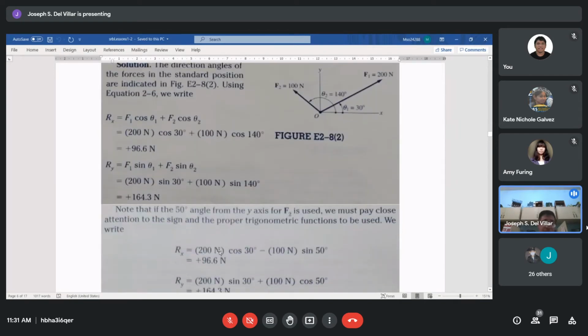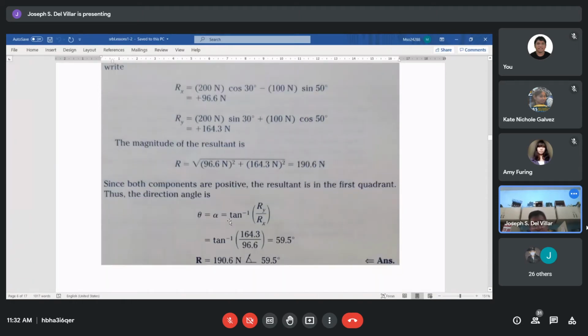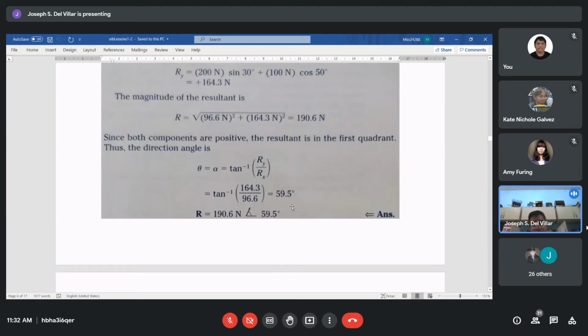Okay? So to get the resultant, we apply the Pythagorean Theorem. This is the formula. Okay? The square root of the summation of squares. Okay? So that is 190.6 newtons. So that is just the magnitude. So resultant is a vector quantity, it must also have a direction. So arctangent of Ry over Rx, so we have 59.5 degrees.